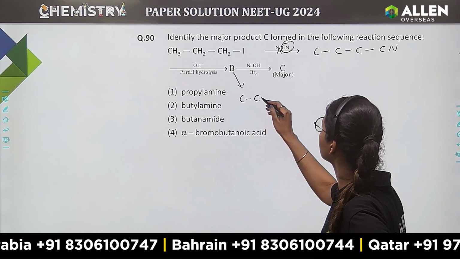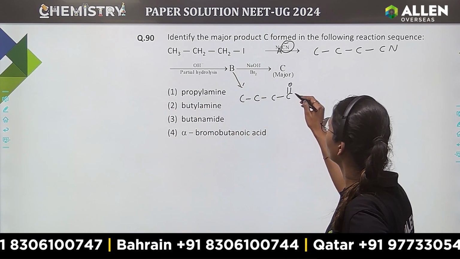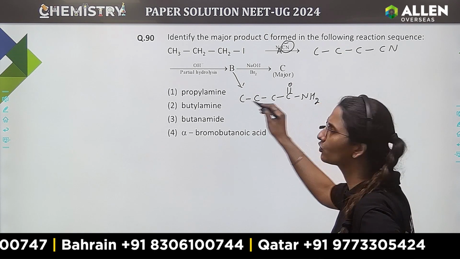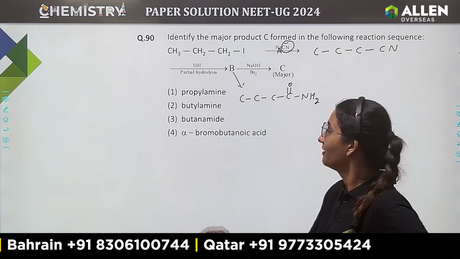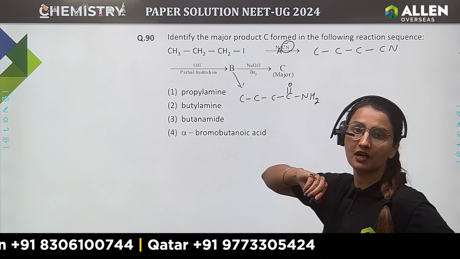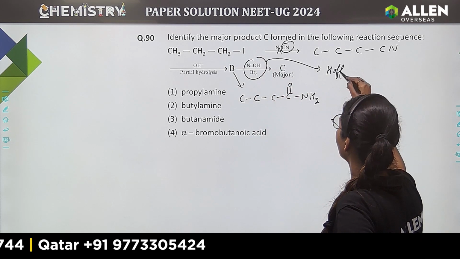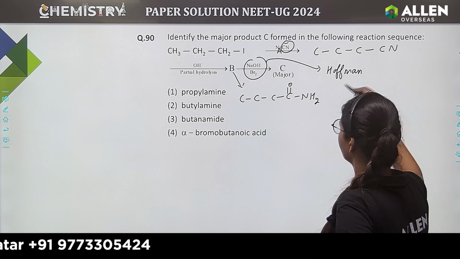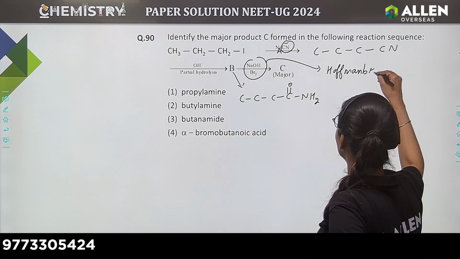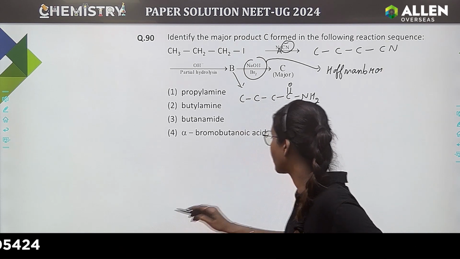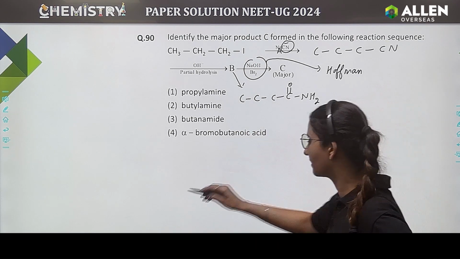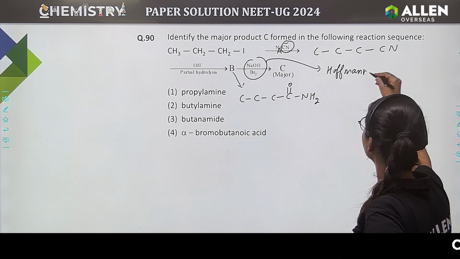It is your CCC, C double bond O NH2. We can put H, of course. When you are putting NaOH Br2, what is this? Students, this is your Hoffmann bromamide degradation reaction, or I can simply write Hoffmann degradation reaction. Correct?